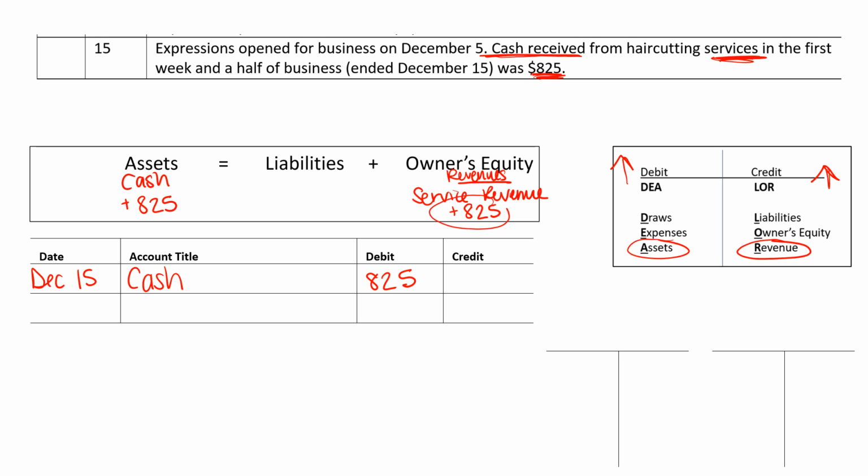And since revenues are increasing here, we credit service revenue, $825. For our T accounts, we have cash and service revenue. Cash is debited $825. Service revenue is credited $825.